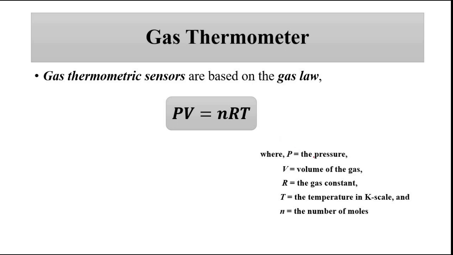Here P is the pressure, V is the volume of the gas, n is the number of moles of the gas, R is the universal gas constant, and T is the temperature in Kelvin scale. So this is the relationship, PV = nRT.